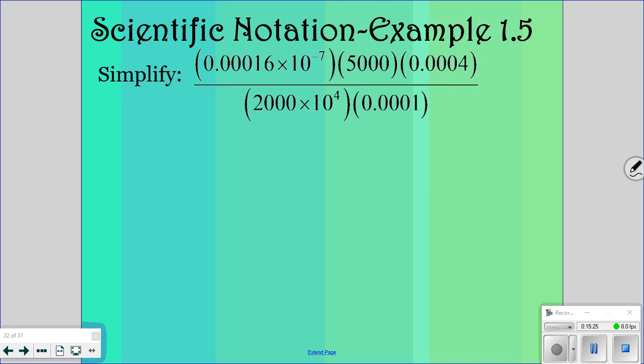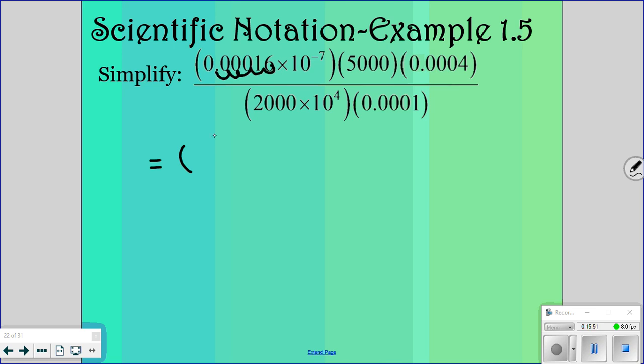Okay, so now we're going to look at this one. The first thing that you want to do is to put all of your numbers in scientific notation. That'll make it a lot easier to work with. So for the first number, you can make it 1.6 or you can make it 16. I did just say put them in scientific notation, but if you want to make them all whole numbers, that is okay to do. So I actually am going to make it 16 instead of 1.6.